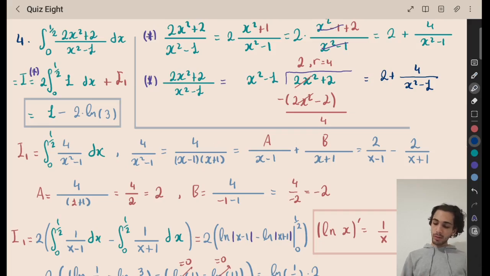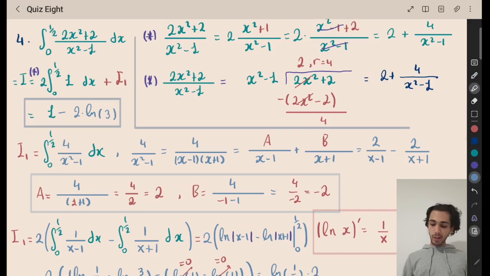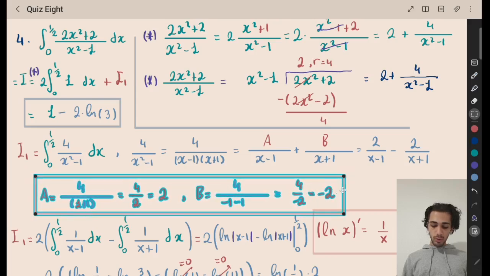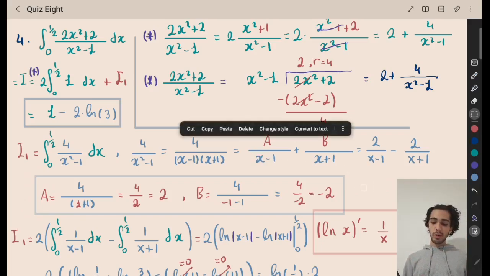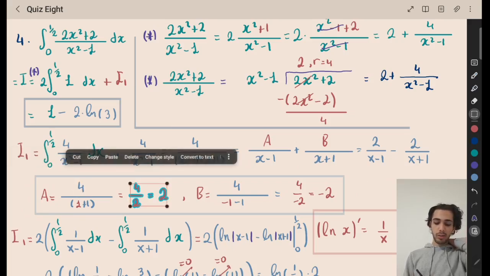We've also covered how you would do that. So this is the way to proceed with partial fractions. This is called the cover-up method, because you cover up the part which you want to find the coefficient of. So if we cover x minus 1 and we plug in 1, we get our 4, and this is 2.